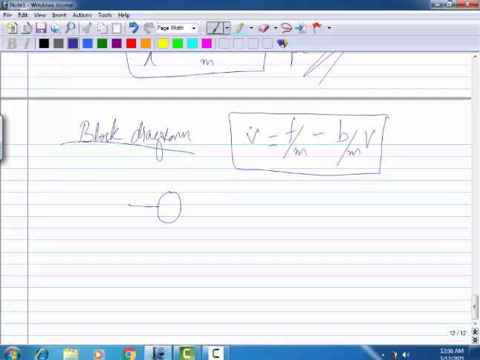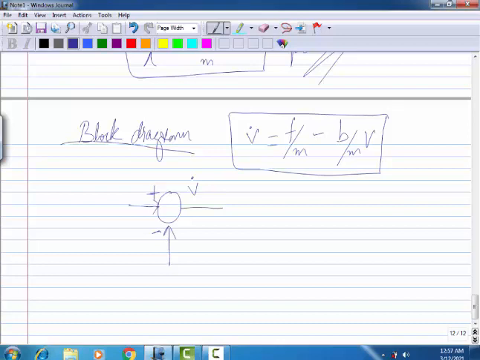One term is adding, the other term is subtracting. This is the subtracting term, this is the addition term. When they add, what is the output after the equality? When these two subtract each other, we get V dot.